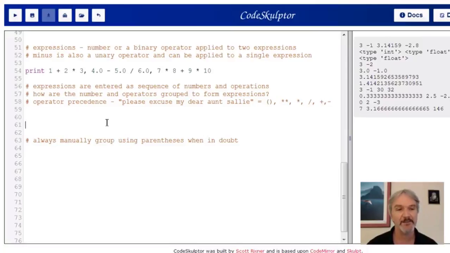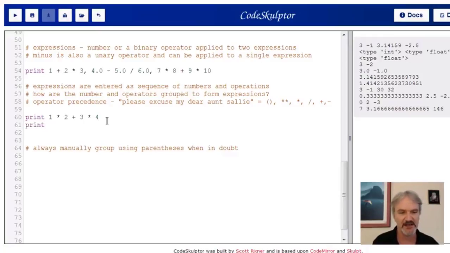So for example, let's type in an expression, say print 1 times 2 plus 3 times 4. The rules of precedence say that we should do multiplication before addition, so this is really the same thing as 2 plus 12. If I run that, sure enough, I get 14 back from both of them.